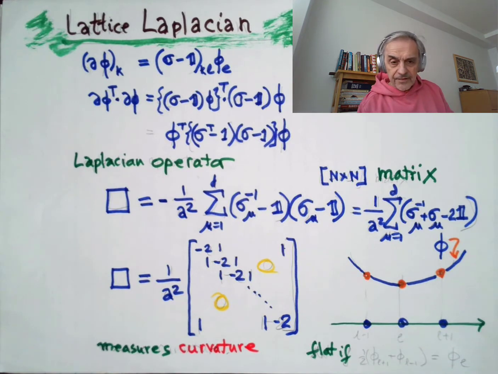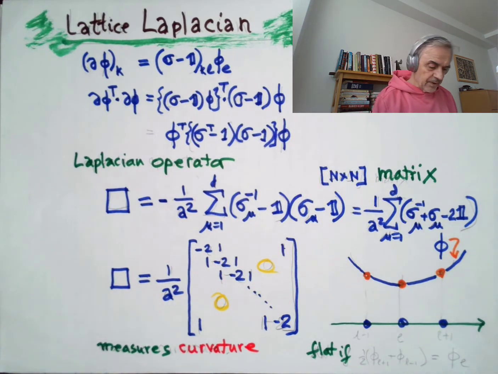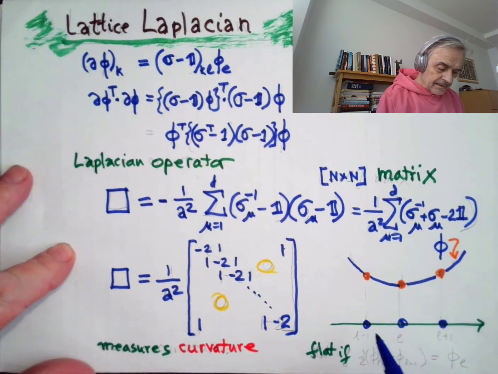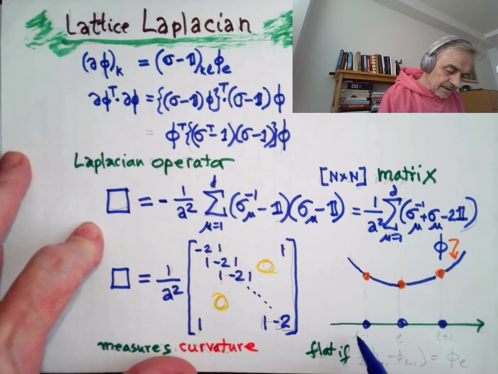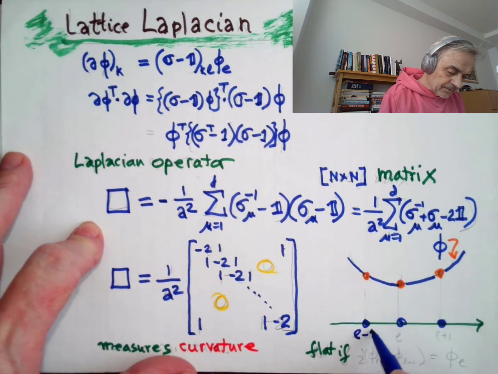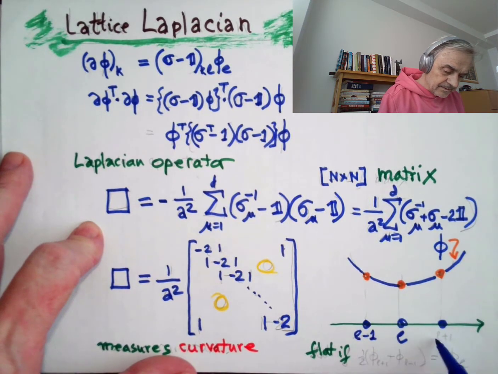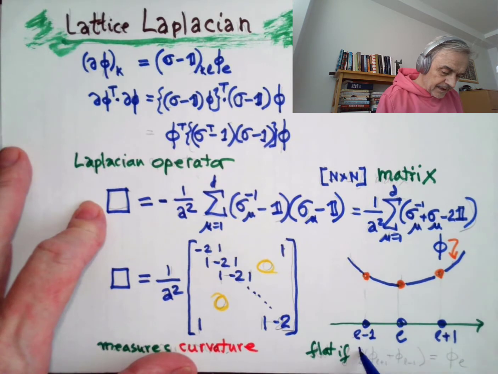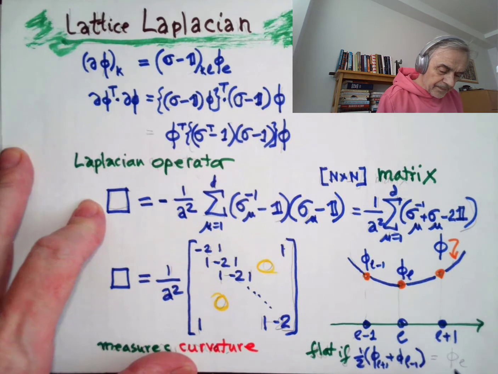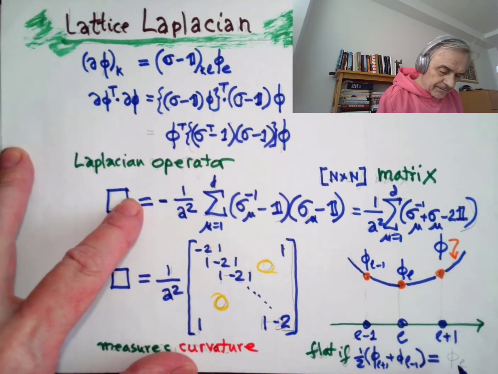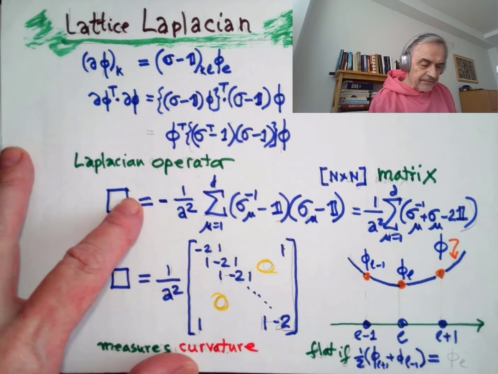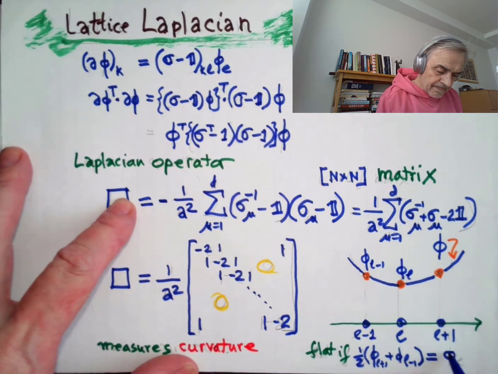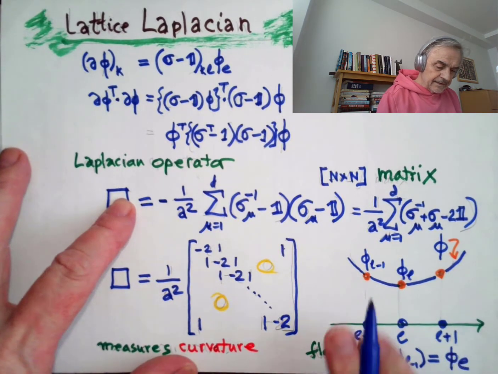So what it does, Laplacian measures curvature. Why is that? Think of 3 points. So you're at L minus 1 point, at point L, and L plus 1. If I take average of the value here and here, the guy to the right plus value to the left, and compare it to the thing in the middle: if the average of left and right point is exactly in the middle, then we can draw a line through this point.